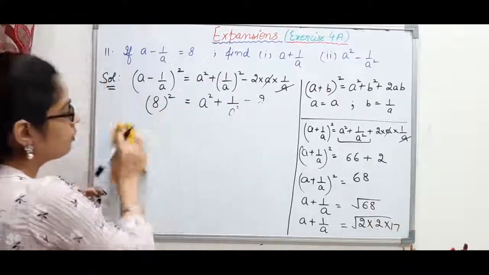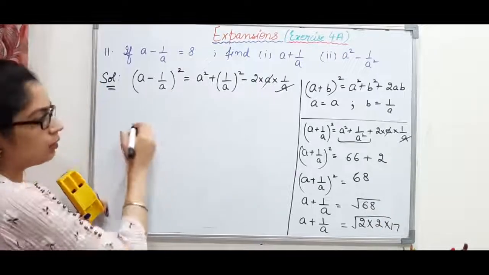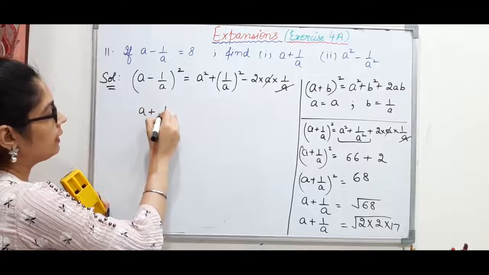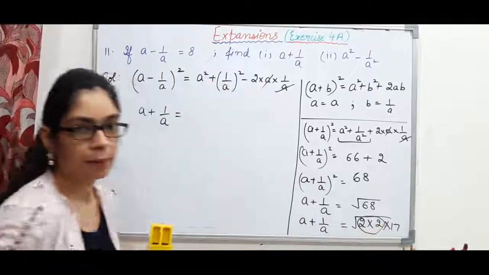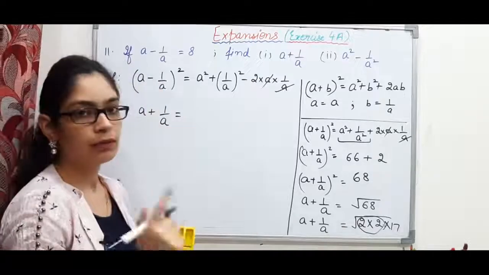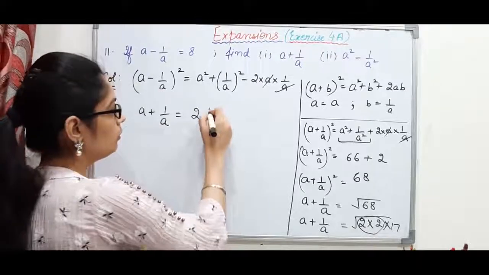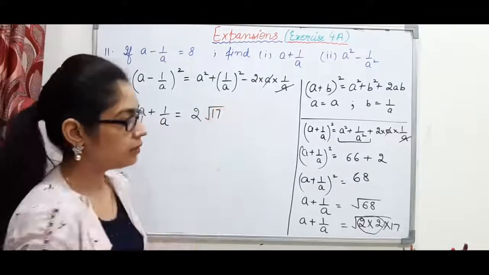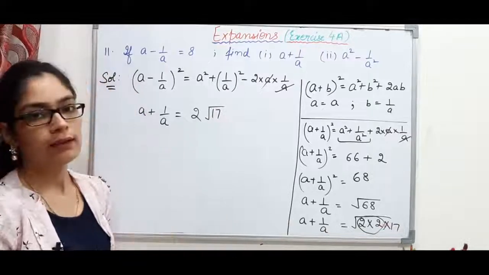Now in square root, we can take two same numbers. See here, 2 and 2 are the same numbers. So we can take these two numbers as one number and write it outside the root. So 2 root 17, because 17 is only one time, so we write it under the root.